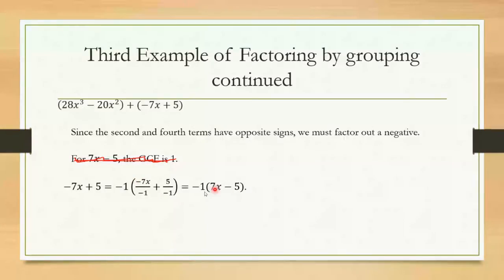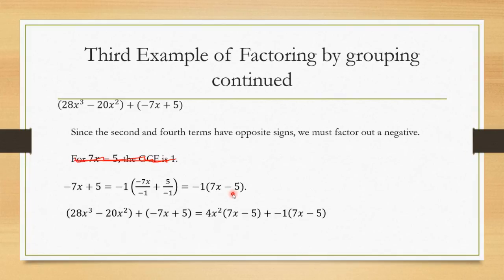Here, I'm just using the sign rule: signs alike, positive; signs unlike, negative. But notice now, by factoring like so, we end up with this. From the first group, from a few slides before, we got this. And from factoring here, we get this.